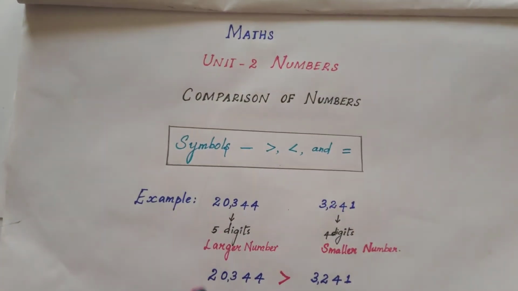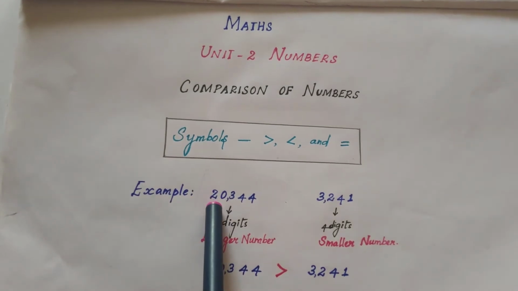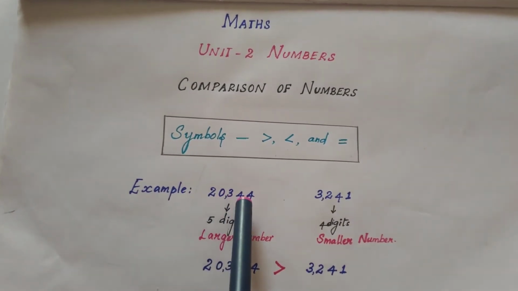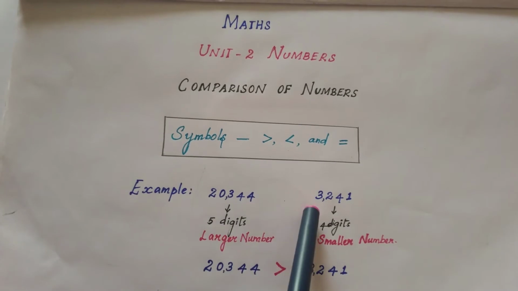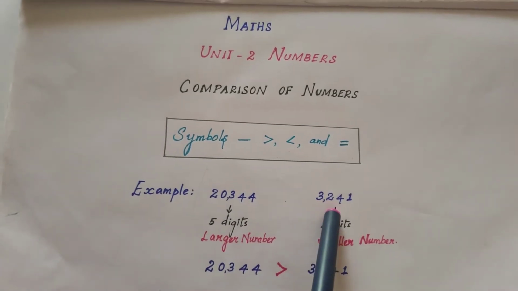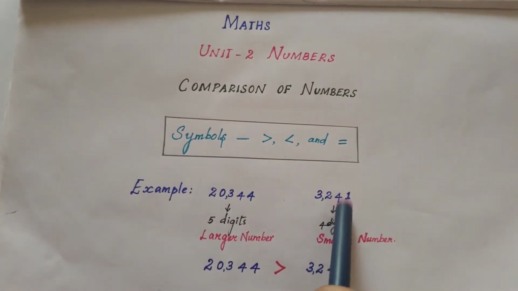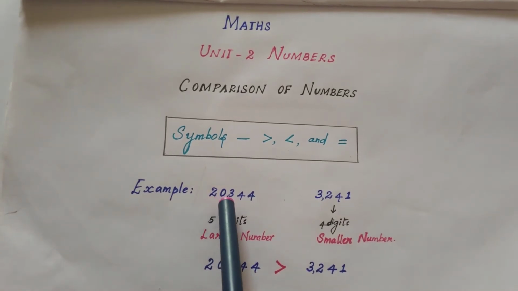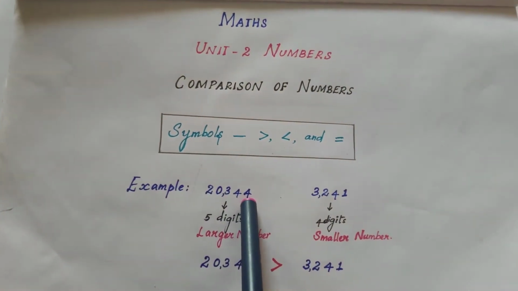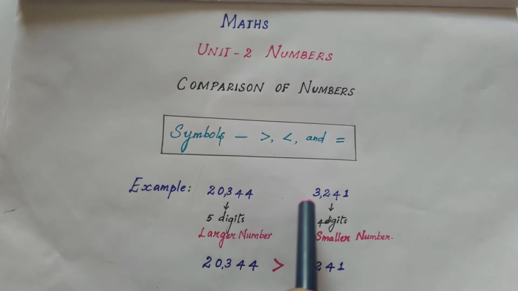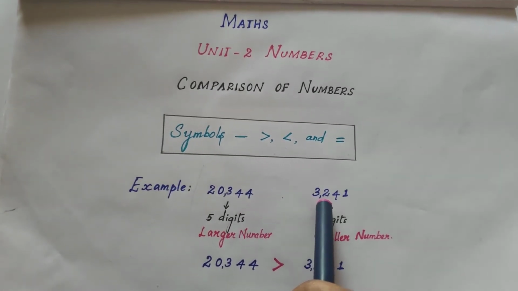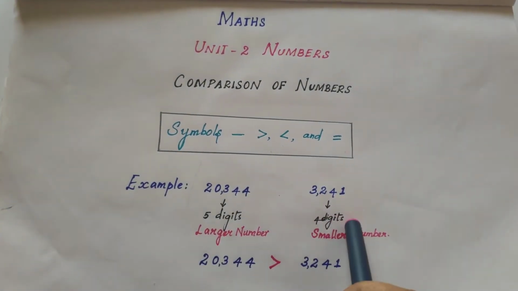For example, here 20,344 is given and 3,241 is given. Here 20,344 is a 5-digit number, and 3,241 is a 4-digit number.